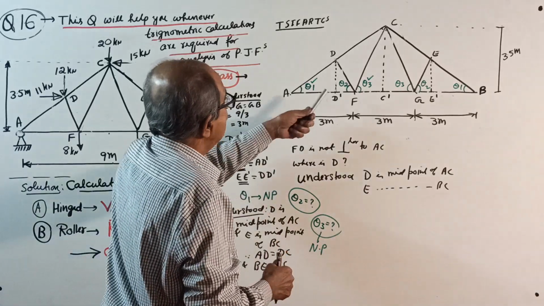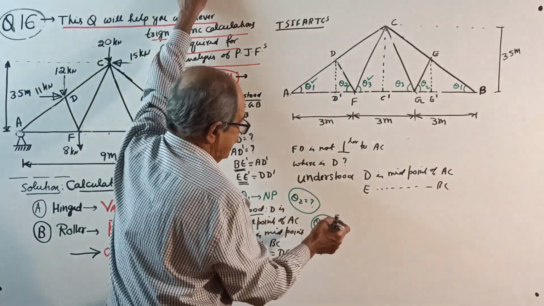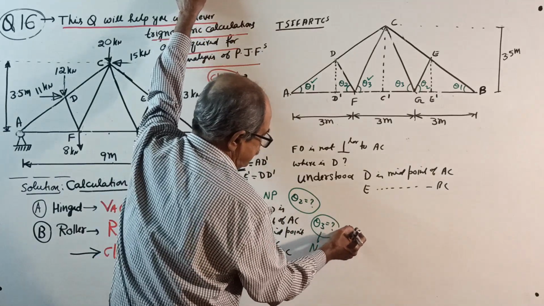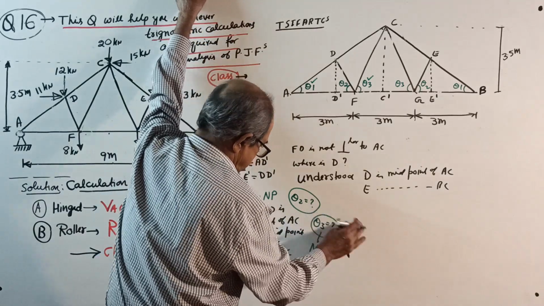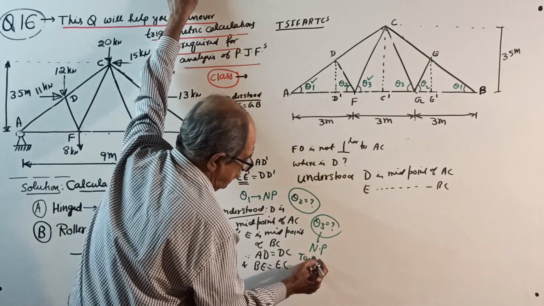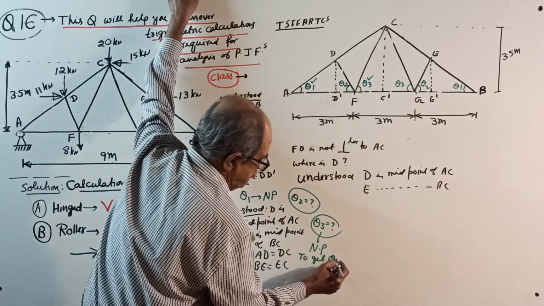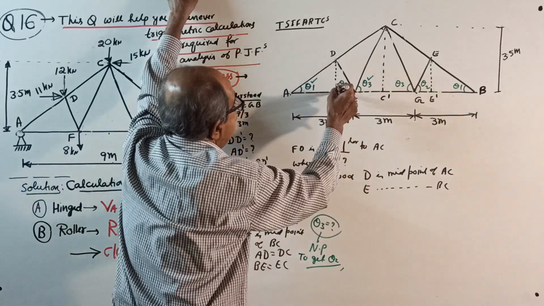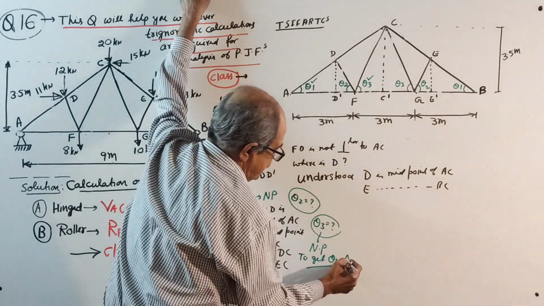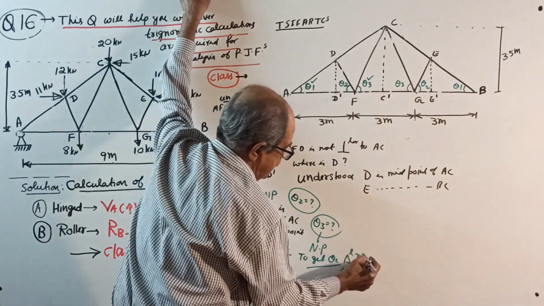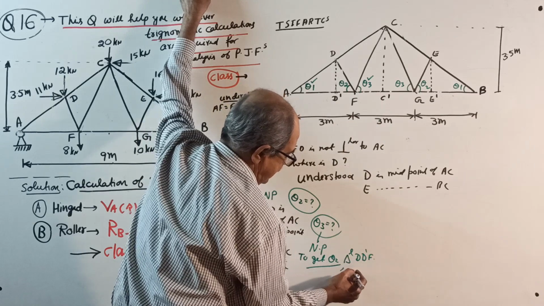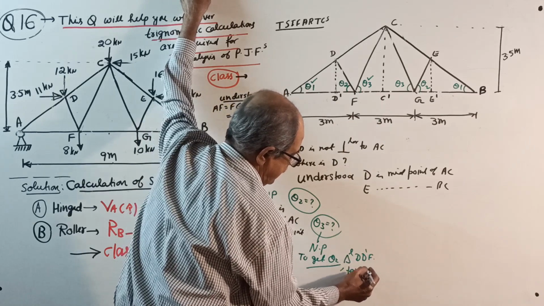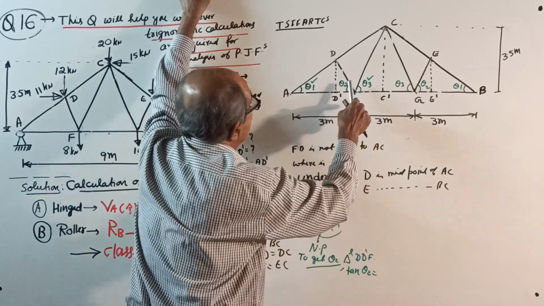But to get theta 2, I am using green color. Use triangle D dash F. There, tan theta 2 equal to what?